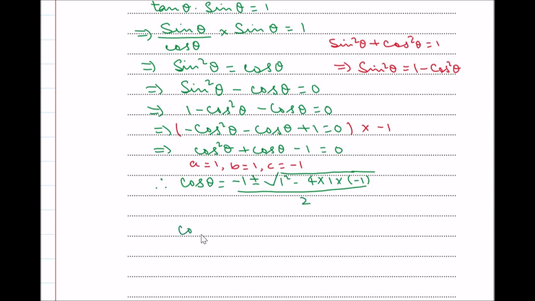So cos theta is equal to minus 1 plus minus root 5 by 2.